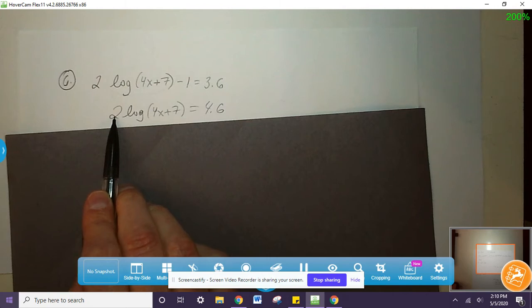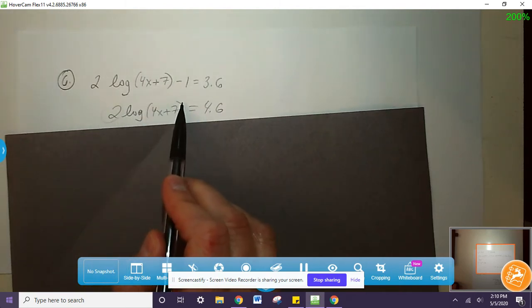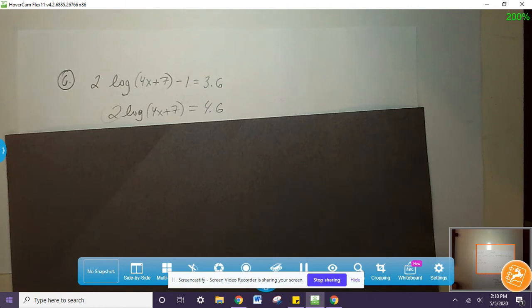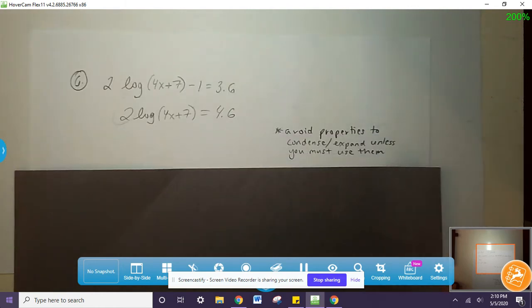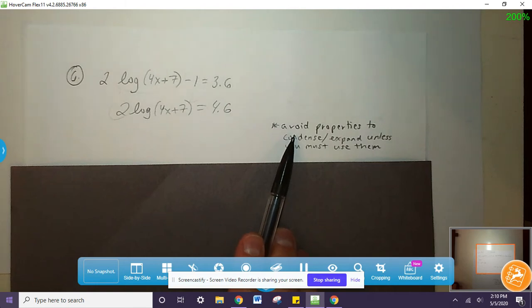Now, just to take a moment and note, you might be looking at this and thinking of the properties for expanding and condensing, because you can actually take this 2 and swing it inside and make it an exponent. You can do that, but you don't want to. You want to avoid the properties of condensing and expanding unless you must use them.